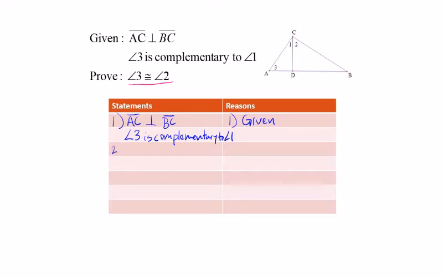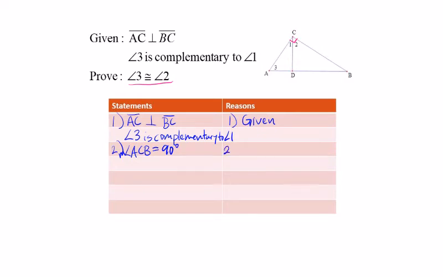All right, so now I'm going to say that since AC is perpendicular to BC, that forms a right angle. So I'm going to say that the measure of angle ACB is 90 degrees. I squeezed in that little measure of there.